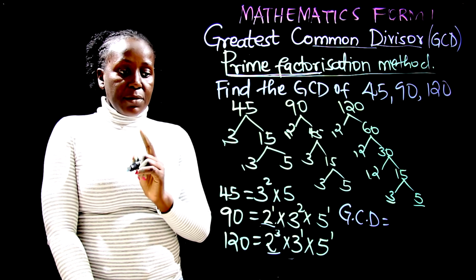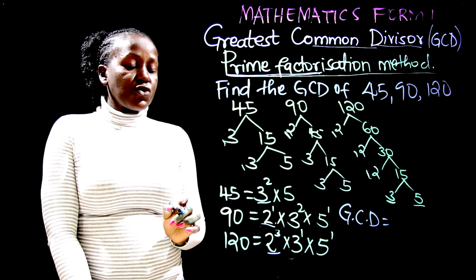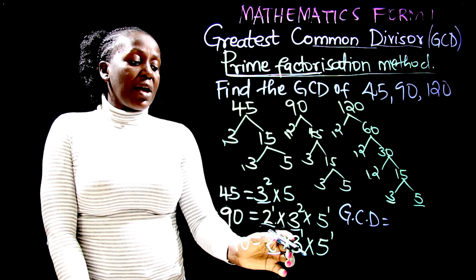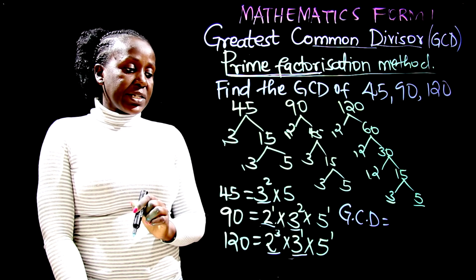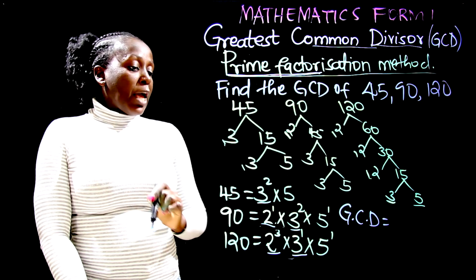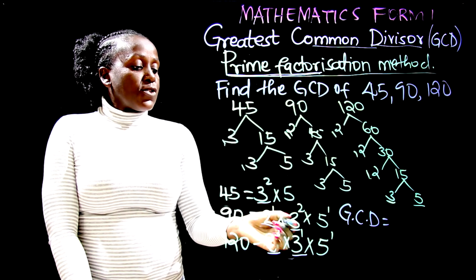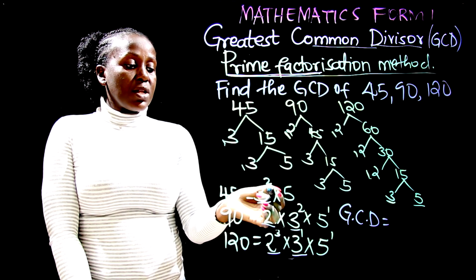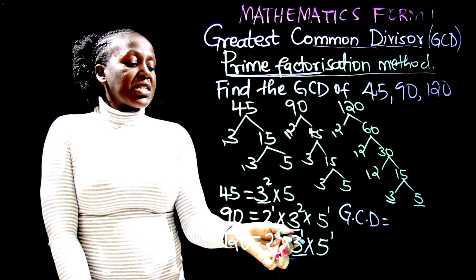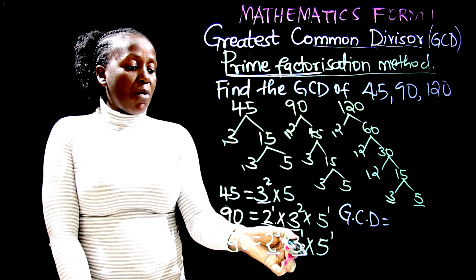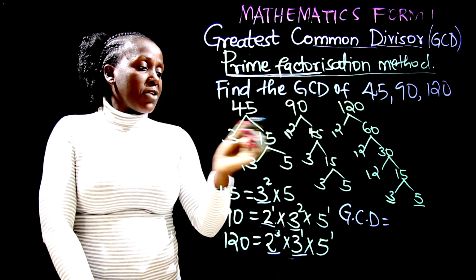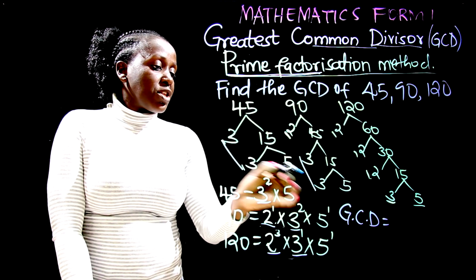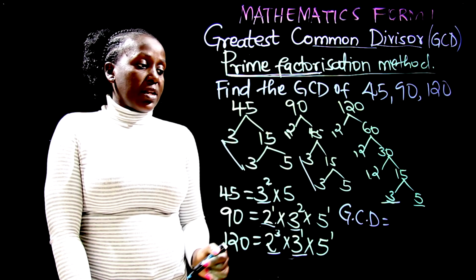Then we check 3. So we have 3 power 2 in 45. We have 3 power 2 in 90. Then we have 3 power 1 in 120. So 3 is common, but 3 to the power of what? So since we have power 1 here, that is the least, then power 2, then power 2. That means we take the one with the least power, 3 power 1, because if you check even from the factor tree, we have 2 3's here, we have 2 3's here, and only 1 3 here.